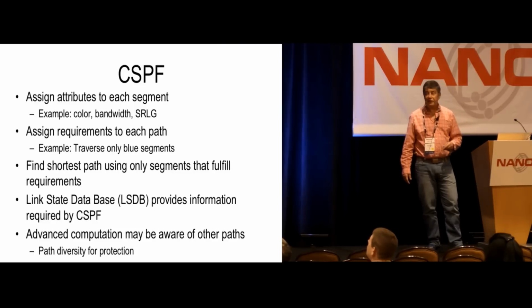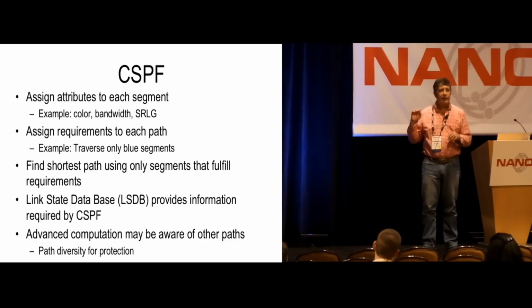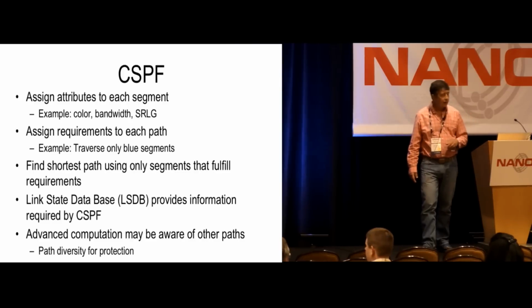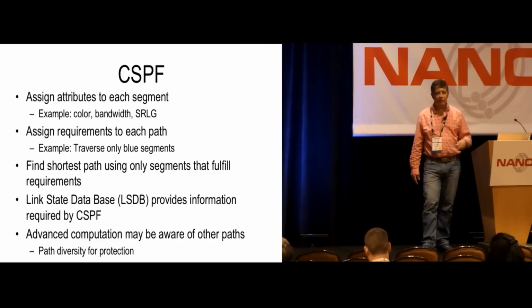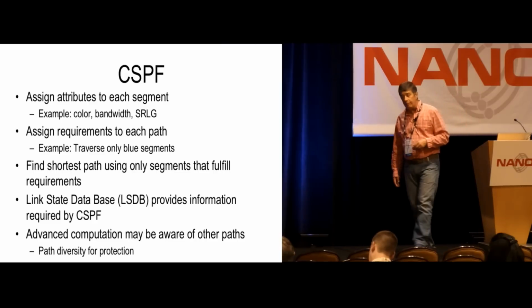Okay, in CSPF, by the way, are any of you running RSVP today? Okay, for all you people, this will sound really familiar because you've been here already. The first thing you do is you assign attributes to a link. You know, color, bandwidth, shared risk link groups. The next thing you do is assign requirements to a path.